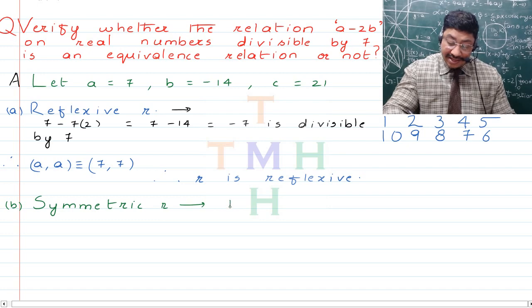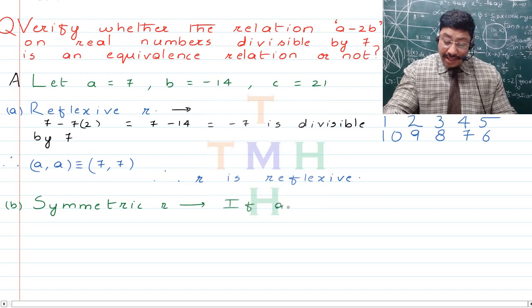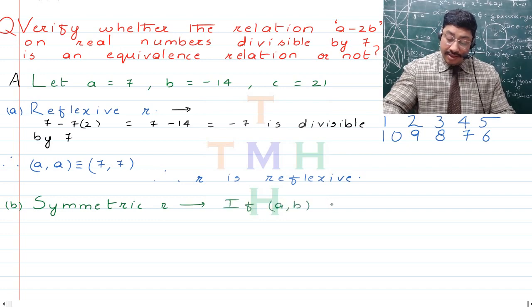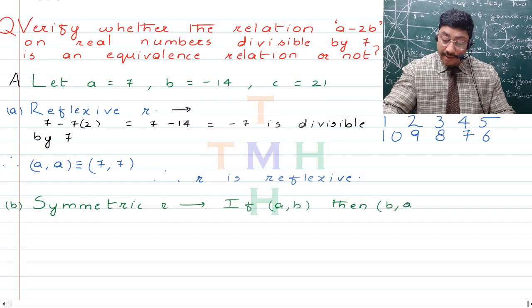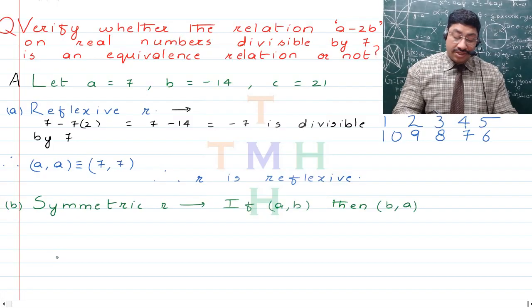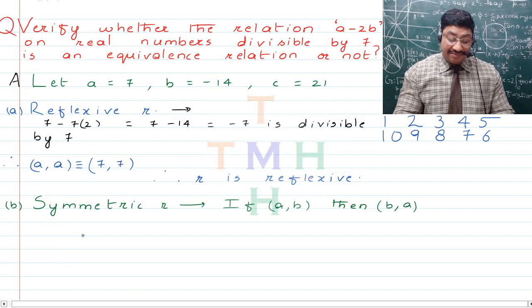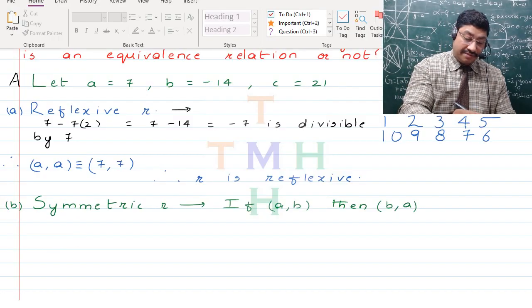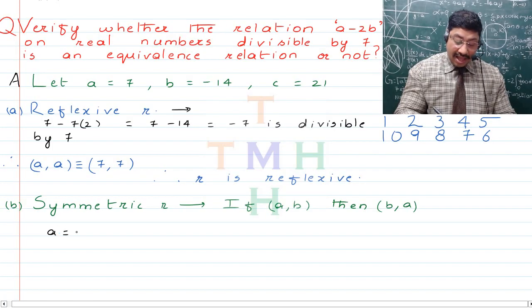So we will say that if a comma b, then we should get to b comma a, right? Now children, in order to do this, first we have taken our a to be equal to 7, remember, and we have our b to be equal to minus 14, right?